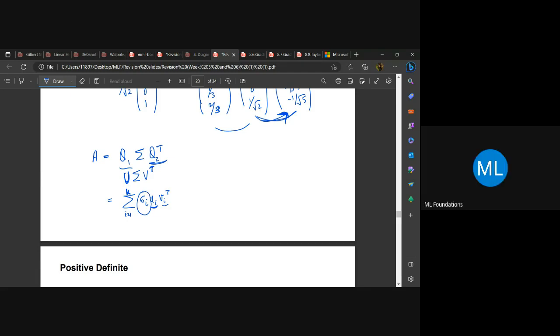So it will be sigma 1 U1 V1 transpose plus sigma 2 U2 V2 transpose and so on. Each ui, say U1, is an M cross 1 matrix. Sigma i is just a scalar, I can just keep it. And V1 transpose is a row vector like this.